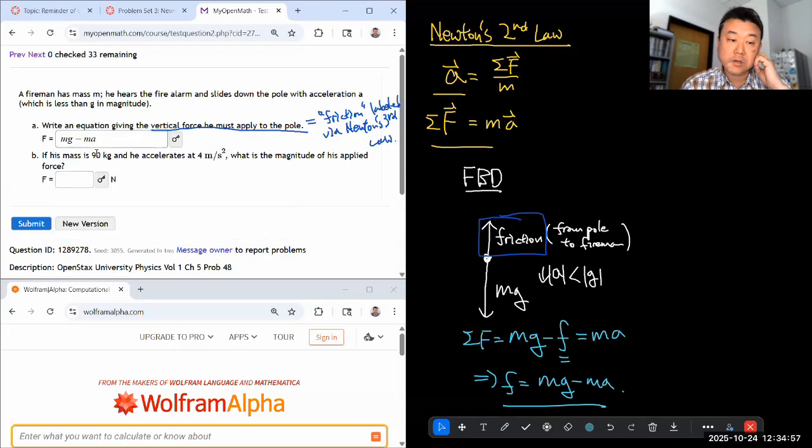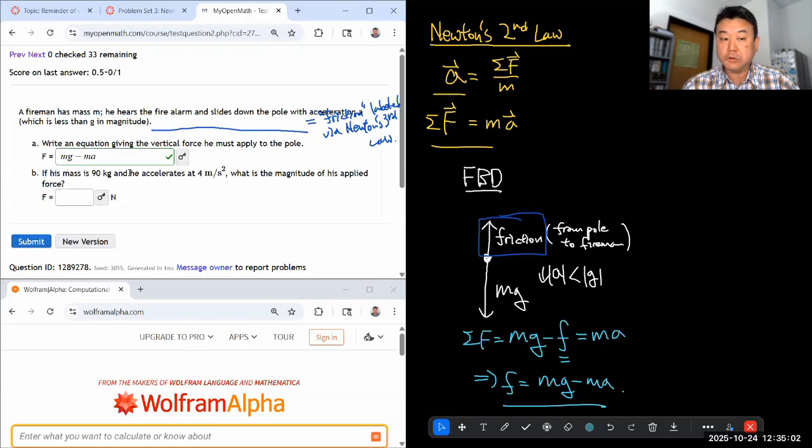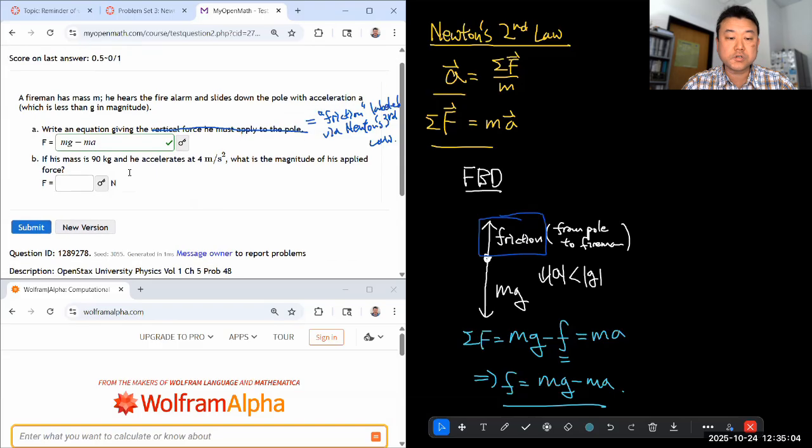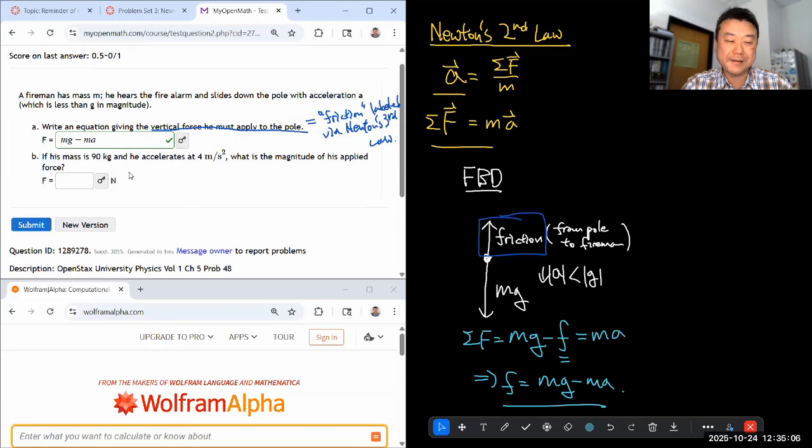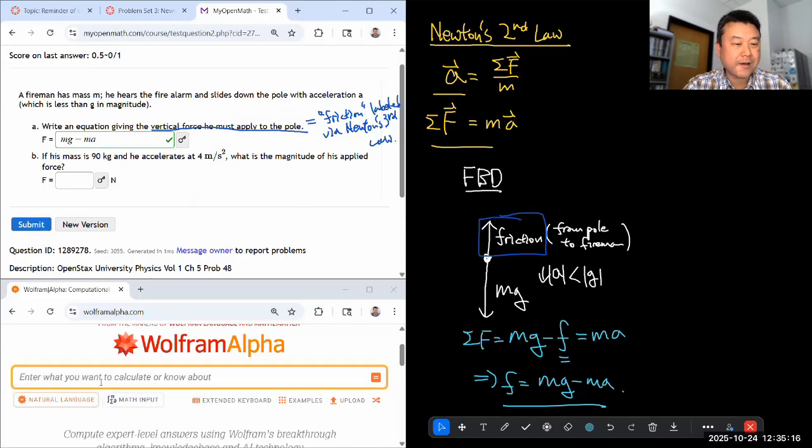You could also factor out the m, but you don't have to unless there's an instruction for you to. They are numerically equivalent. If his mass is 90 kilograms and he accelerates at 4 meters per second squared, what is the magnitude of his applied force? Let me just do that in Wolfram Alpha. I can see that the mental math is going to get annoying.